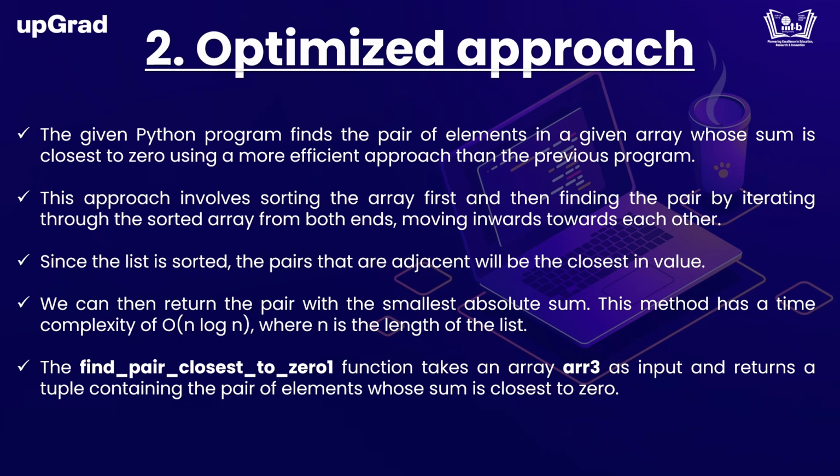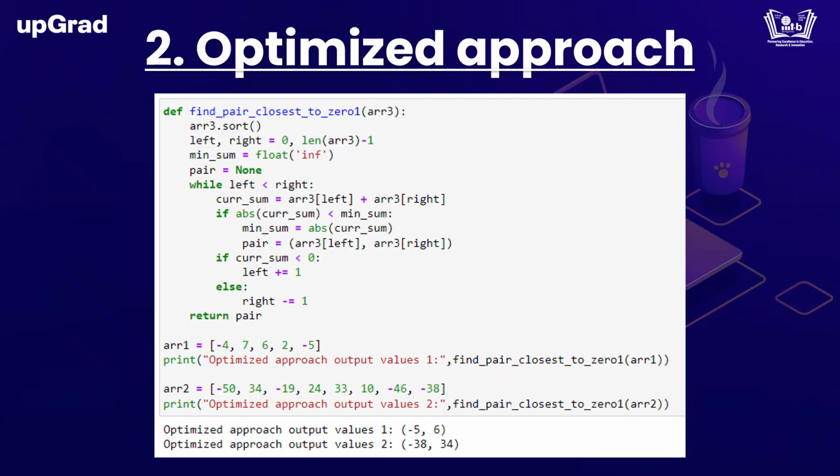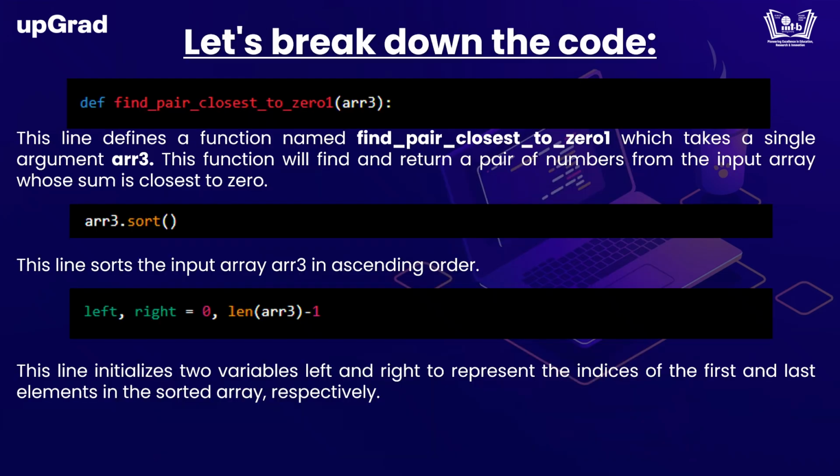Here is the optimized approach code for your reference. We are breaking down the code for more understanding for everyone. The first line defines the find pair close to 0 function which takes an array as input, and after that the input array is sorted using the sort function.